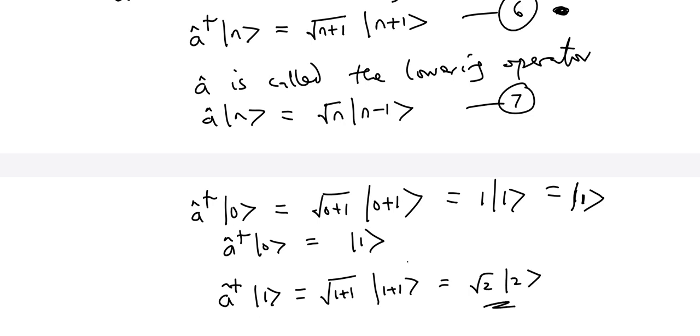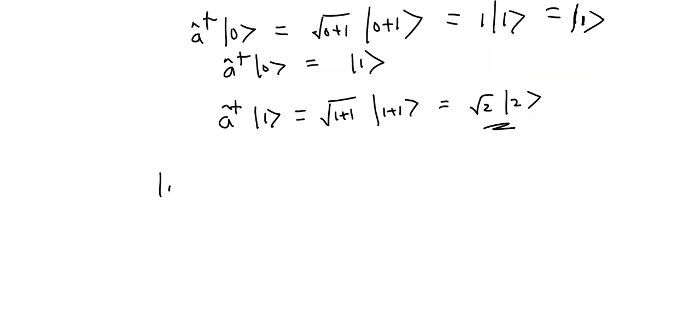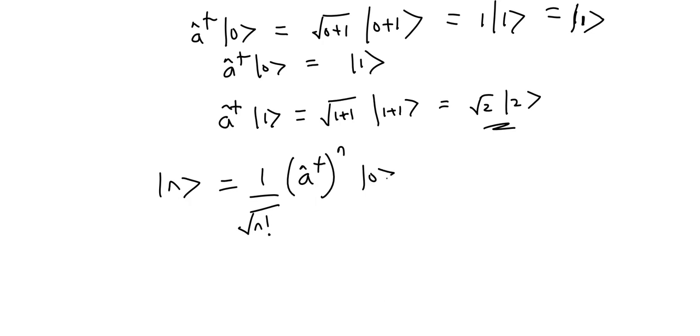In general, if you want to produce n states, maybe 10 states, you do 1 over the square root of n factorial, then a dagger raised to power n, then the state 0. If you want to create state 5, you apply this operator 5 times on the state 0. Okay, so that is about that.